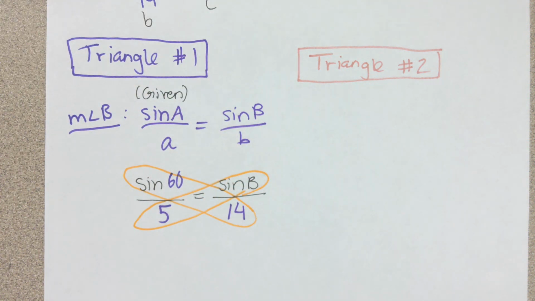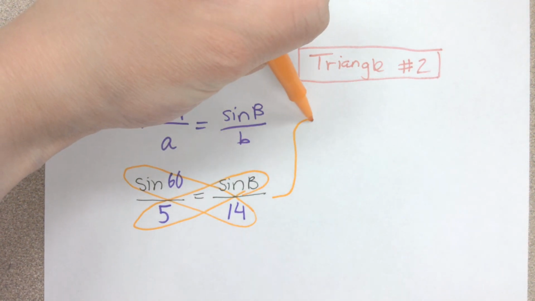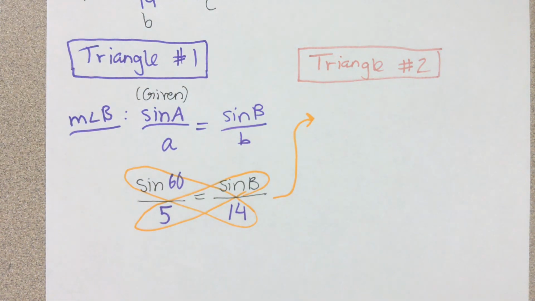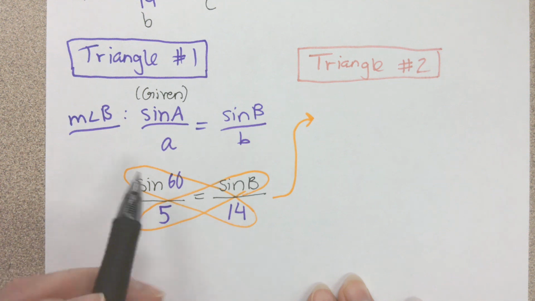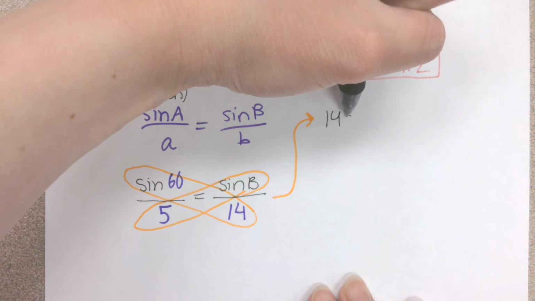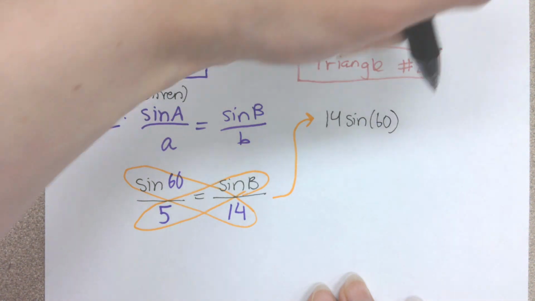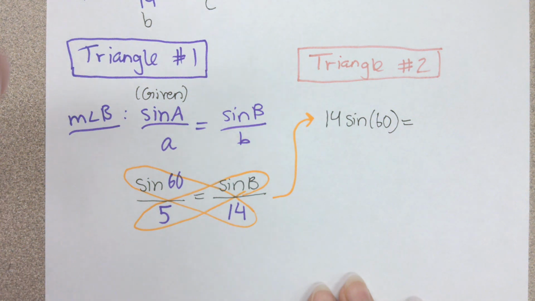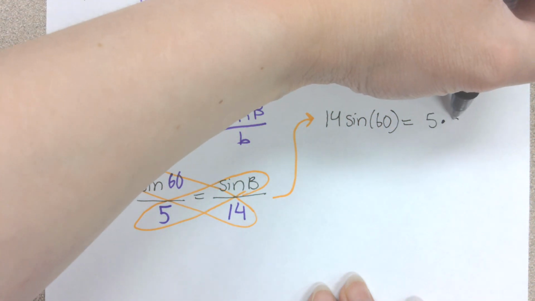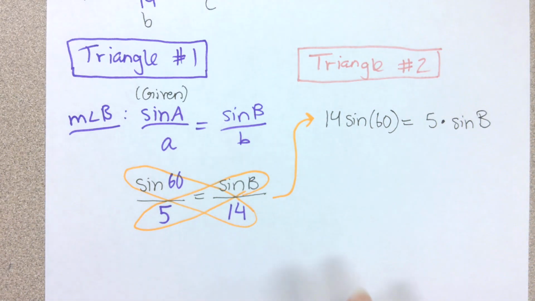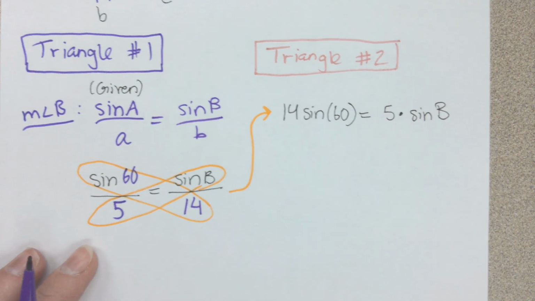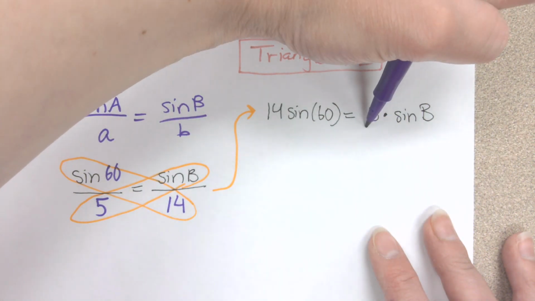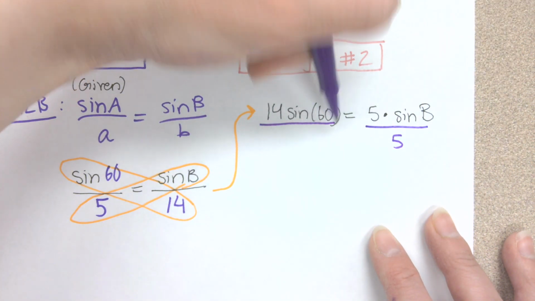This is when I strongly encourage you to write out the algebra. Crossing left, I have 14 sine of 60. Crossing right, I have 5 times sine of B. First, we need to get rid of that 5 in front of the sine, so divide it off on both sides.